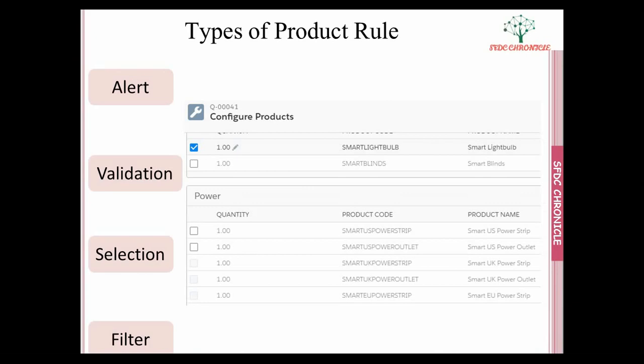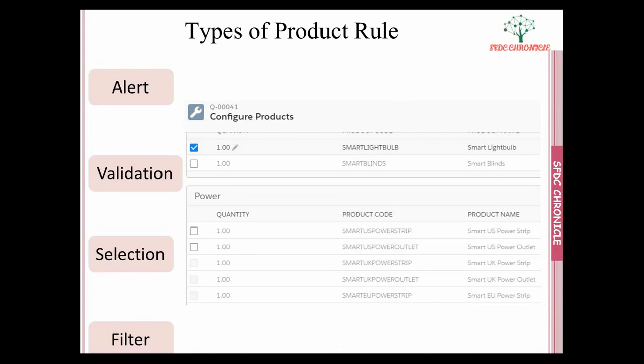Suppose in this screenshot, we have selected smart light bulb. So when we selected smart light bulb, the smart UK power strip and the smart UK power outlet are disabled, and if you see, the checkbox is disabled. So we can't select those checkboxes if we select that particular light bulb.